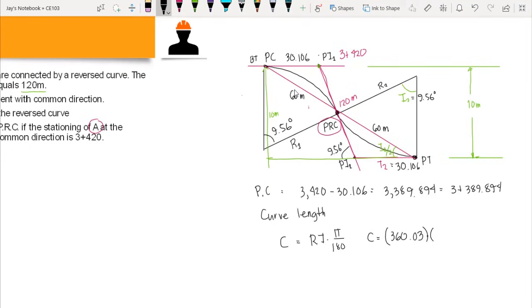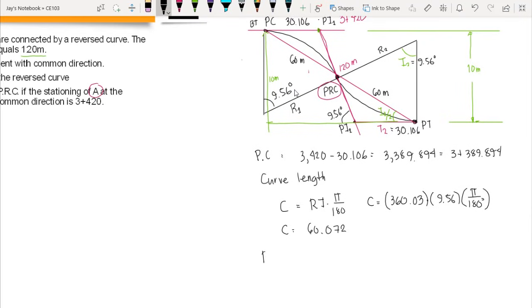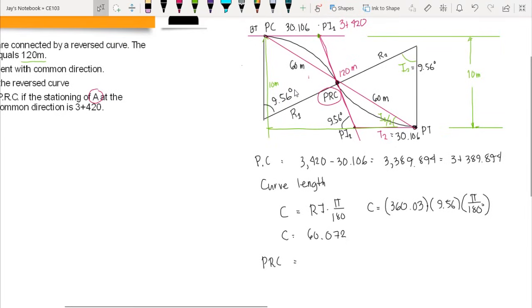Okay, so we have 9.56. Then we convert this into radians by multiplying by pi over 180 degrees. So we have the curve length equal to 60.072. So to compute the stationing of PRC, we just need to add the station at PC plus the curve length. Now we have already computed the station of PC, which is 3 plus 389.894, but we need to express that in two numbers.